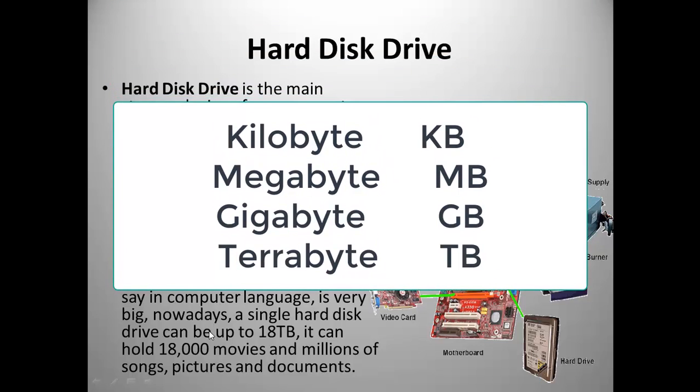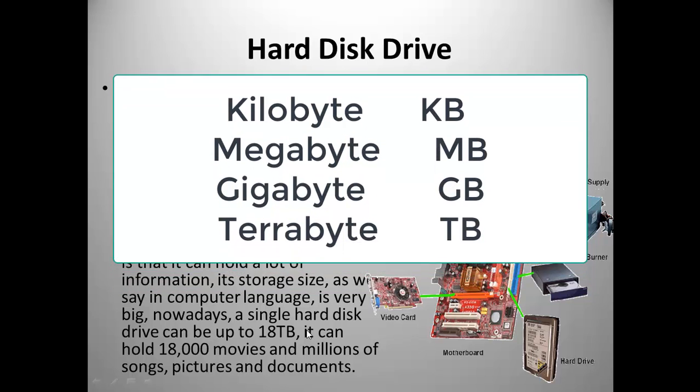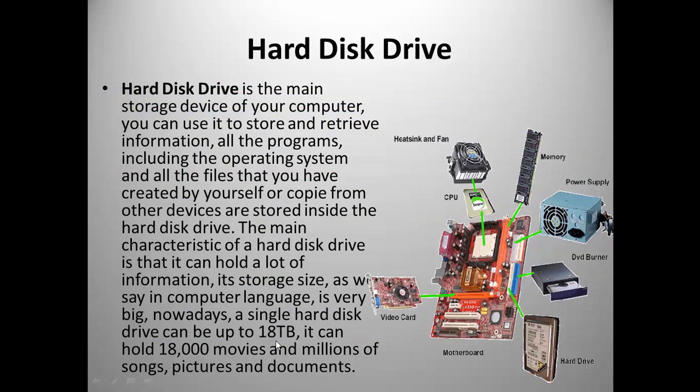We also have the megabyte, and then the gigabyte, and even greater than the gigabyte is the TB, which is short for terabyte. One hard disk drive's capacity could go up to 18 terabytes. It can hold 18,000 movies and millions of songs, pictures, and documents. Amazing, right?